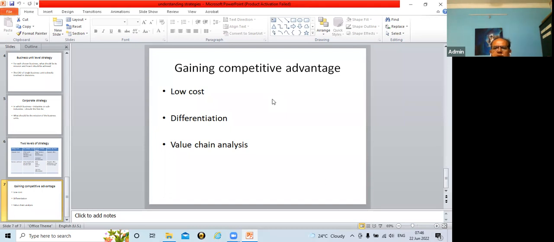Definitely, there was a response to the Nano car. Many people purchased the Nano car, and there was a massive response. Now, value chain analysis. What is this value chain analysis?